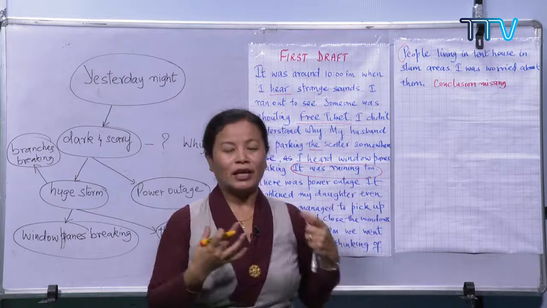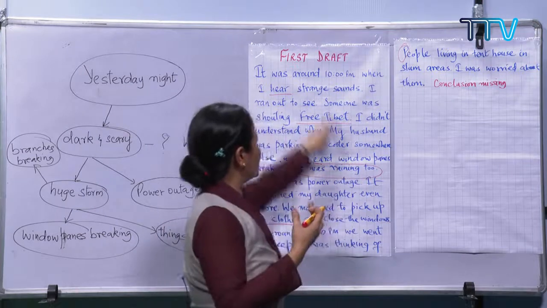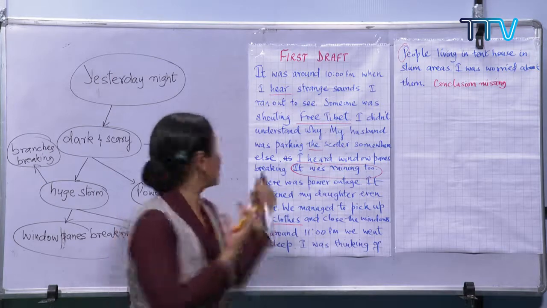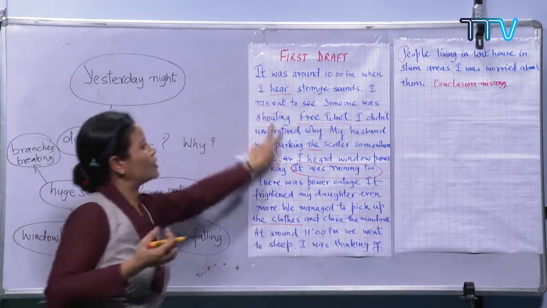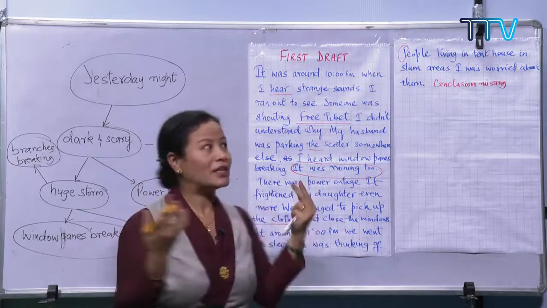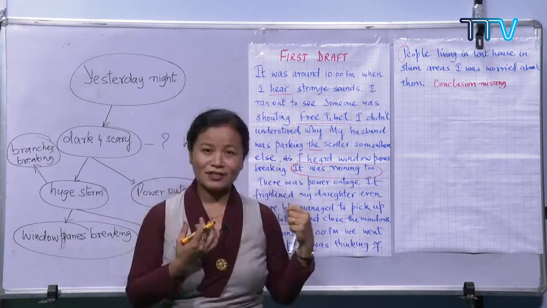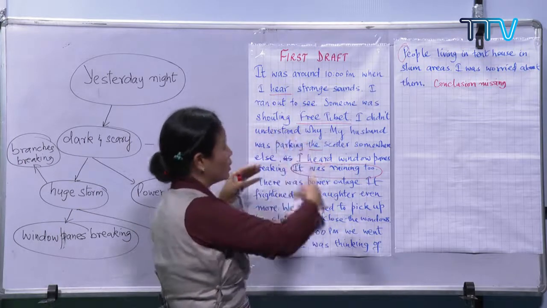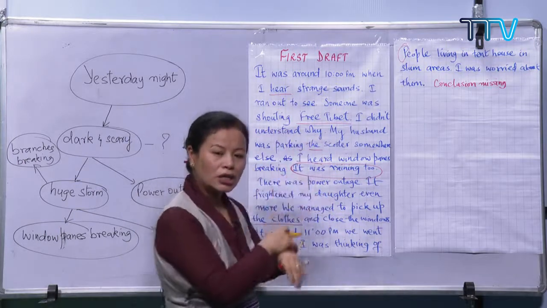So I couldn't express my fear, isn't it? I really wanted to express that I was really scared, because see, dark and scary, but in the whole write-up, your reader will not be able to understand that I was scared, isn't it? So that part is also missing. Like that, you need to keep on adding and making changes.